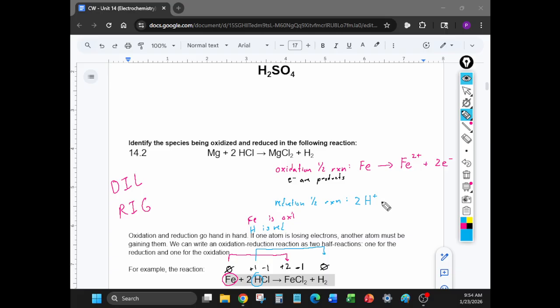So what's happening is this hydrogen is gaining or combining with electrons, so +2 electrons, and it forms H2, which is the form that it has on the product side. So you might want to jot this down as well. In oxidation half reactions, electrons are products. In reduction half reactions, electrons are reactants. Okay, because it is gaining, it is combining with those electrons.